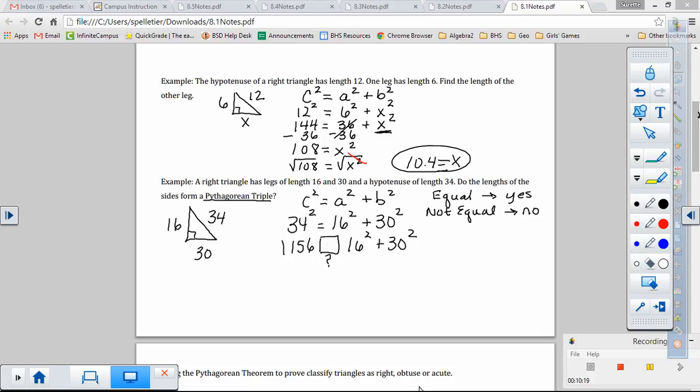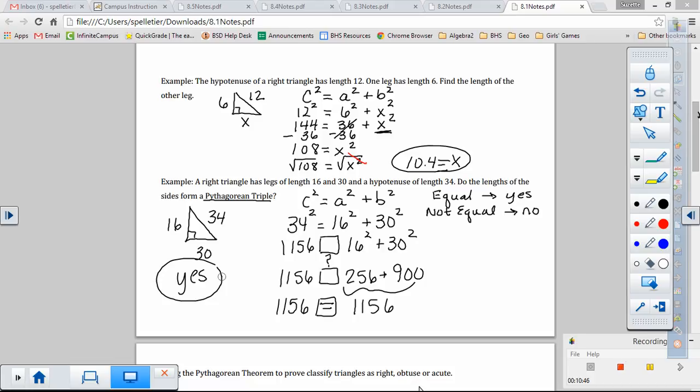Okay, so 1,156, let's see, does it equal? 16 squared is 256, and 30 squared is 900. And if I add those together, I get 1,156. So they do in fact equal each other, which means that these three numbers are in fact a Pythagorean triple. So your answer is yes, the lengths do form a Pythagorean triple.